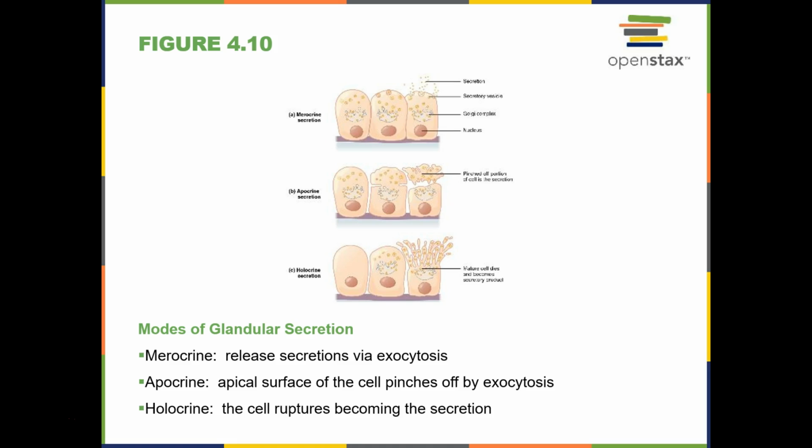Apocrine secreting cells are your sweat glands that are found in your axillary and pubic regions. And then we have holocrine secretions. In holocrine secreting cells, the entire cell produces the materials for release, and then the cell itself becomes the secretion. So the entire cell is lost and new cells are formed.